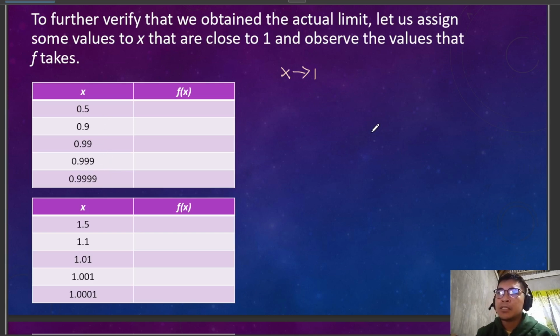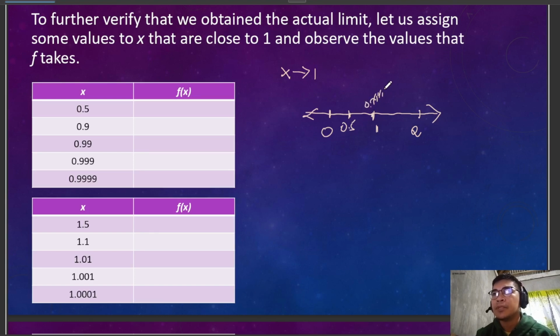Kumbaga, this is 1 sa number line, this is number line. And then here, 0, and here is number 2. So, in this side, diri makita nato sa 0.5, paingon diri sa 0.99. Closer and closer to 1. Pero, hindi siya equal to 1.